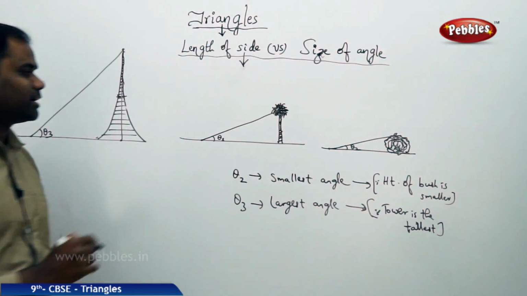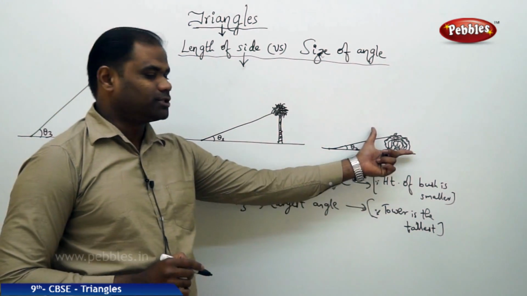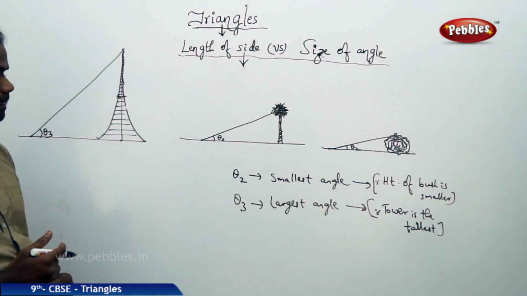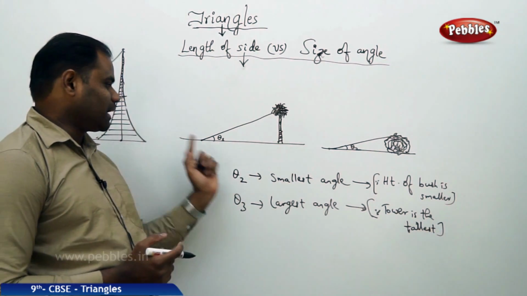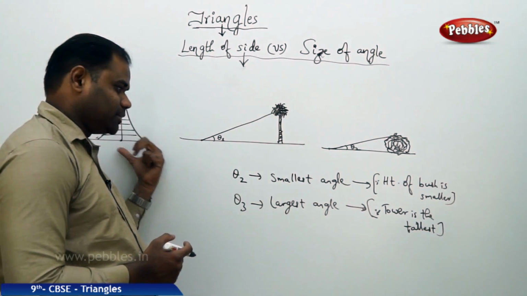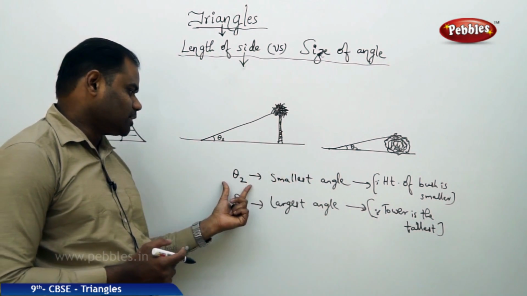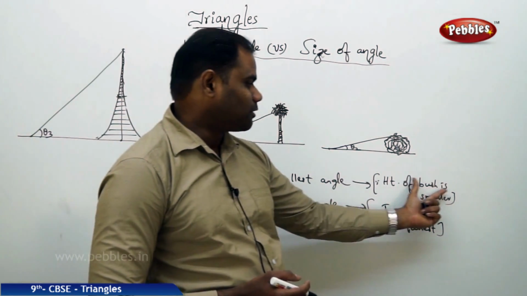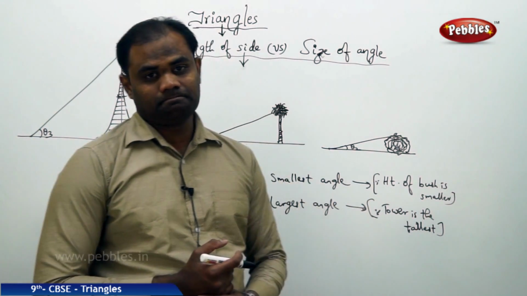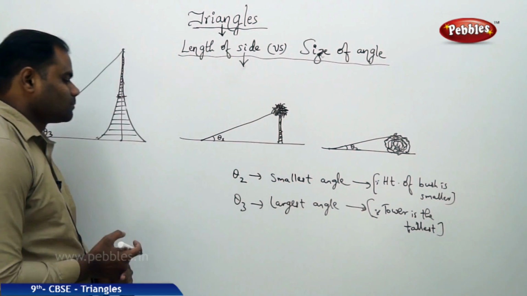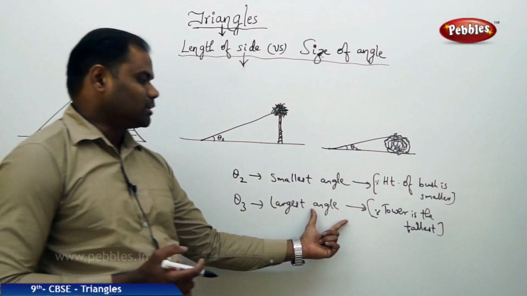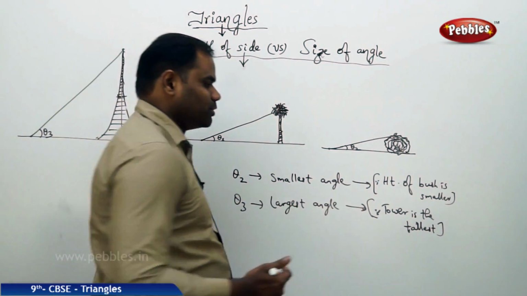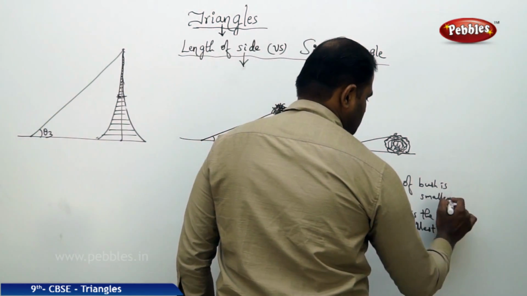That's how we understand the connection between the bush, the palm tree, and the Eiffel Tower. Therefore, the least of all angles θ1, θ2 and θ3 is identified to be θ2, which is the smallest angle, simply because the height of the bush is smaller, and θ3 is the largest angle, because the tower is the tallest and the bush is the smallest.